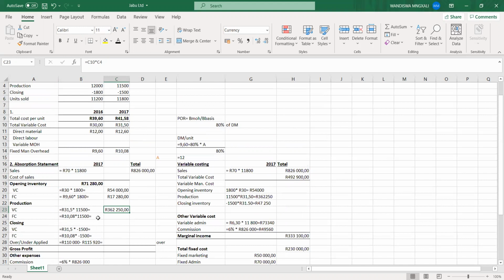The fixed cost portion works the same way. We take the 10 Rand 8 cents times the planned production units of 11,500, which will then give you a total fixed cost portion of 115,920.